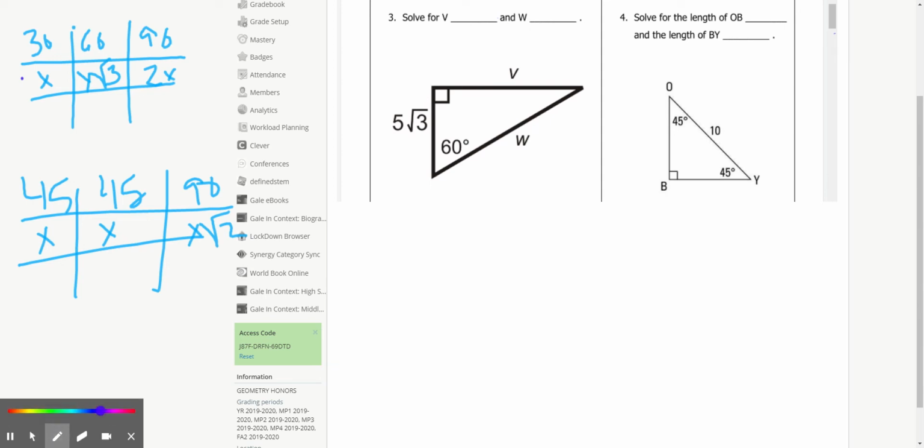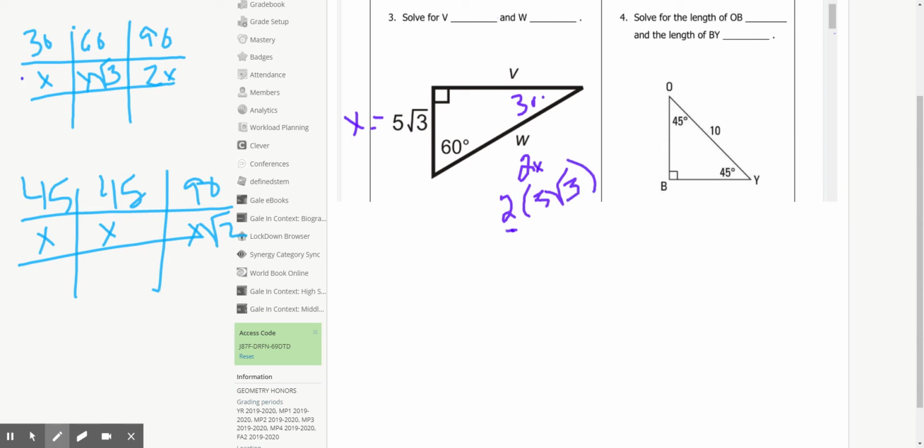Same thing with this one. They're just going to get a little bit harder. This is the 30 degrees. So this is x. So 2x is going to be 2 times 5 on the square root of 3. You multiply those coefficients, and then w is going to be 10 on the square root of 3. And over here, this is going to be x times the square root of 3.